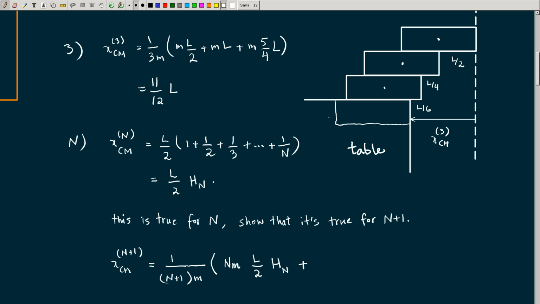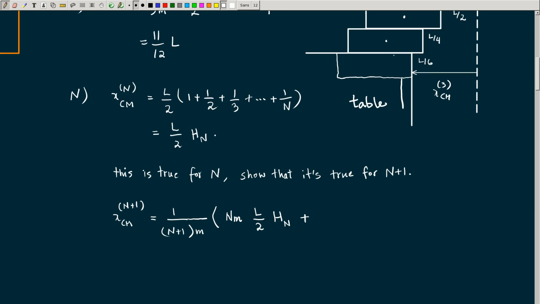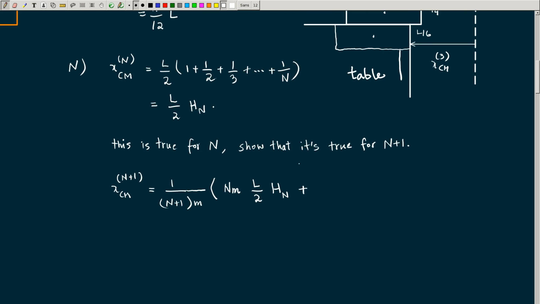So this one should be aligned with the table in the previous step, and the table will be here. The xcm that we're finding is here. So you can find that it's xcm n plus L over 2 plus this L over 2 will give you the position of this last mass. Actually, it's the first mass, the mass that's touching the table.